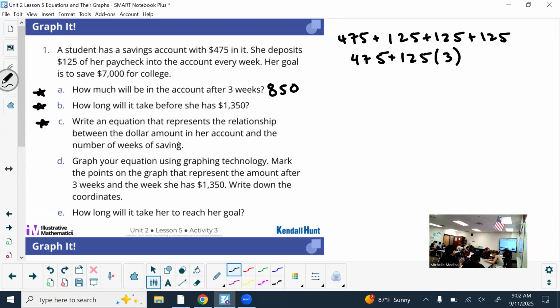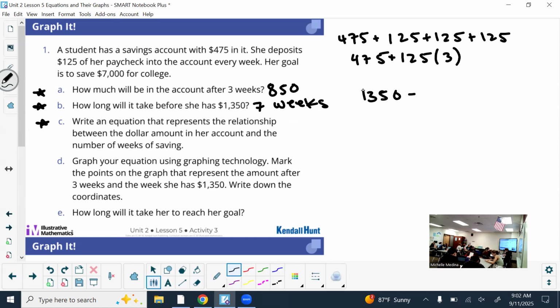So table 2, how long will it take before she has 1,350? 7 weeks. And how did we get that? Oh, okay. So that means I have to switch the order.